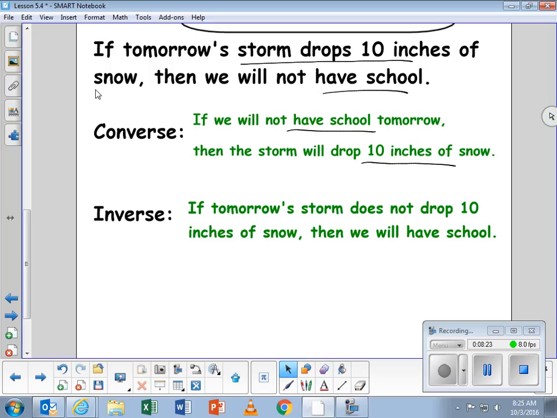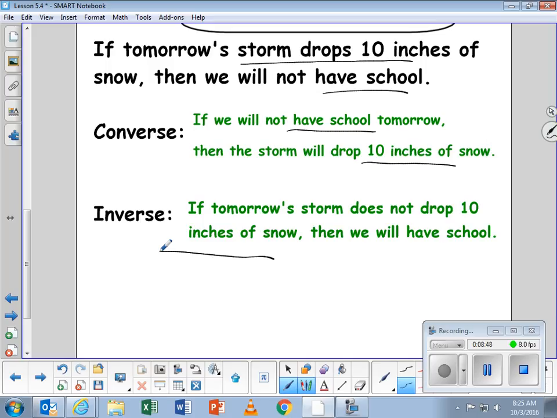Now, listen. So we said this is a true statement. Let's come down here to this inverse. If tomorrow's storm does not drop 10 inches of snow, then we will have school. Do you agree with that? So if we don't get 10 inches of snow tonight, we will have school tomorrow. Not necessarily.